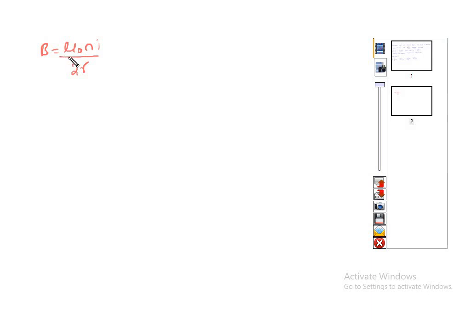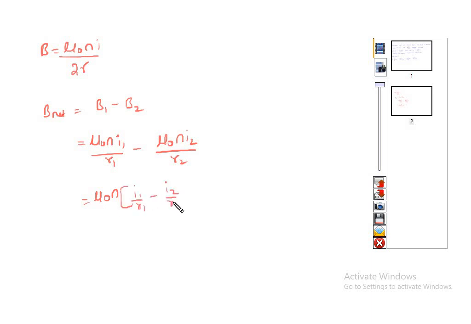But as the currents are passing in the opposite direction, the net magnetic field will become B1 minus B2. Why? Because the second one will be in the opposite direction. So we can write it as mu naught N I1 by R1 minus mu naught N I2 by R2. Why? Current and radii are different, whereas number of turns will be same. So we can write this as mu naught N times I1 by R1 minus I2 by R2, right? I hope it is clear.